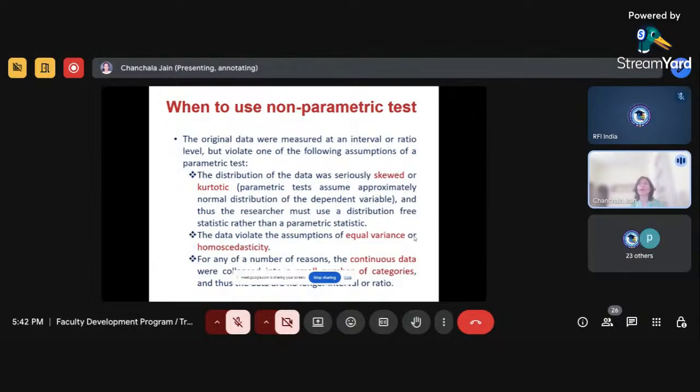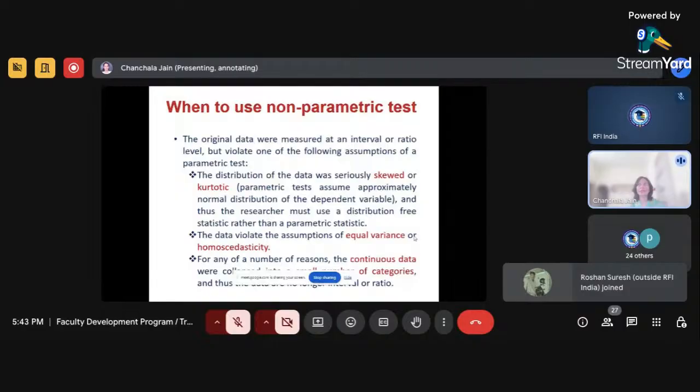Suppose you intend to perform a parametric test, say, for example, ANOVA or a t-test. But if you are checking the assumptions using your data, and your data is not following the assumptions of that particular test, in that case it is suggested to go for the non-parametric test, because usually in parametric tests assumptions like normality are a must.